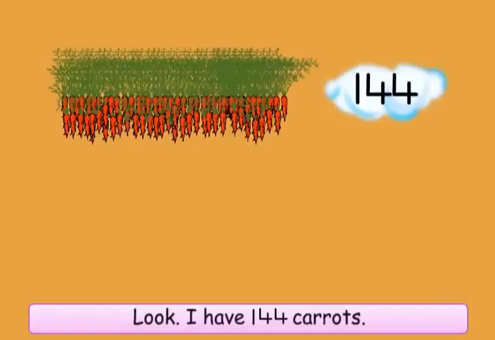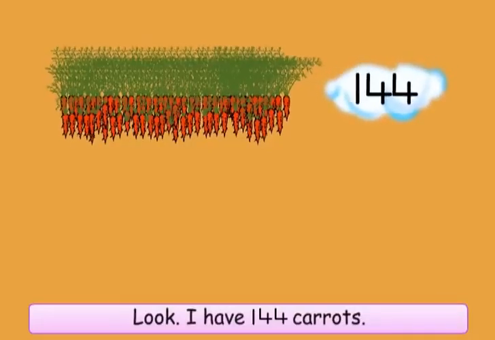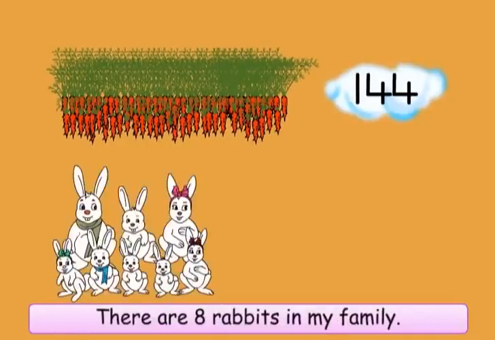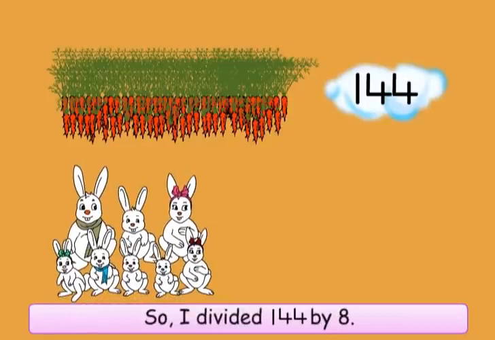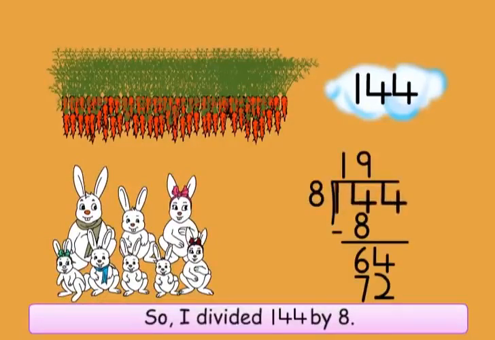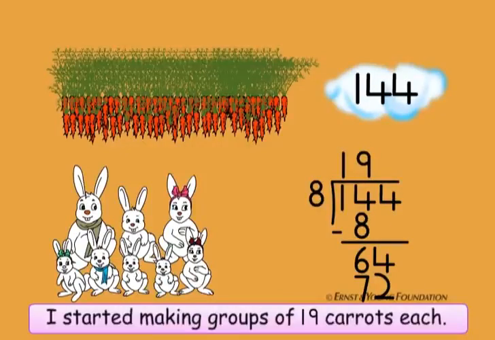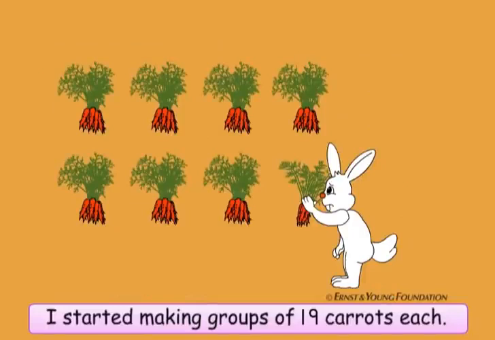Look, I have 144 carrots. There are 8 rabbits in my family. So, I divided 144 by 8. I got the answer as 19. So, I started making groups of 19 carrots each.